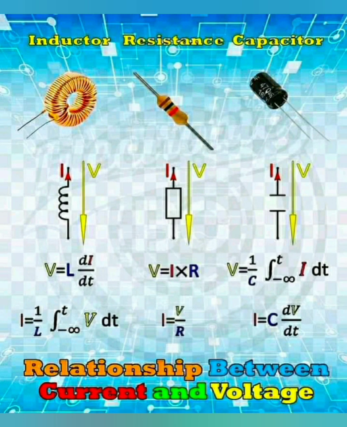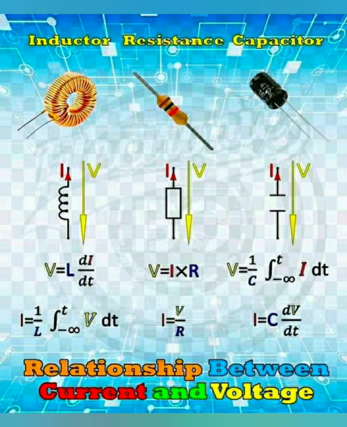Capacitor, in the sense, stores the electric energy, and also the inductor stores the magnetic energy, and the resistor opposes the current. So these are the basic formulas used for your inductor, resistance, and also for the capacitance.